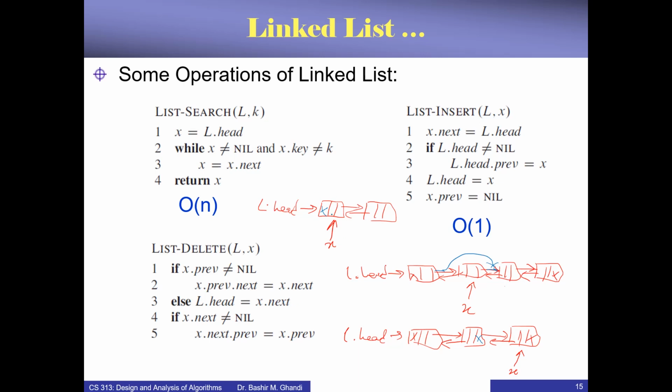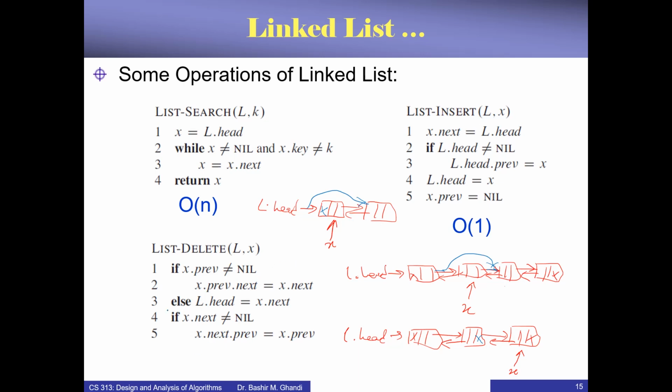This is how to delete this node. Just say L.head becomes x.next. So L.head will come here. And at that point, this node will have no reference. Well, not yet. It still has one reference. This prev is still coming to it. So it will not yet be garbage collected until we delete this one. So we'll come to that in a moment.